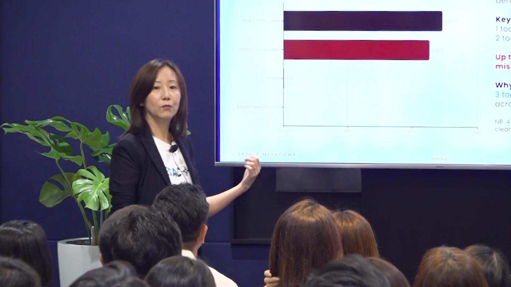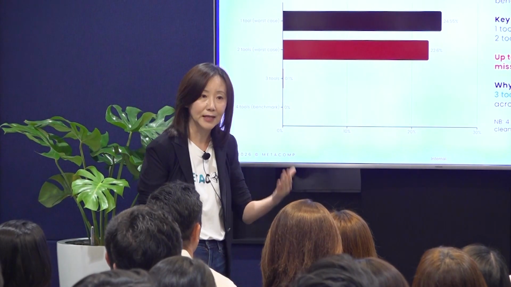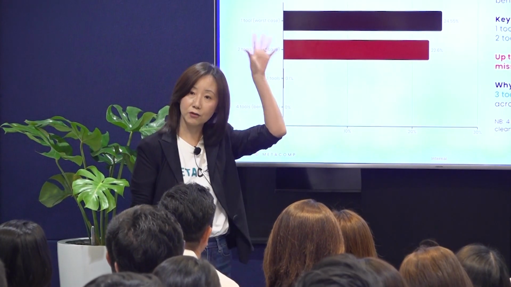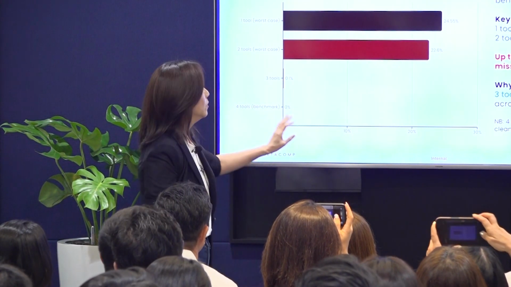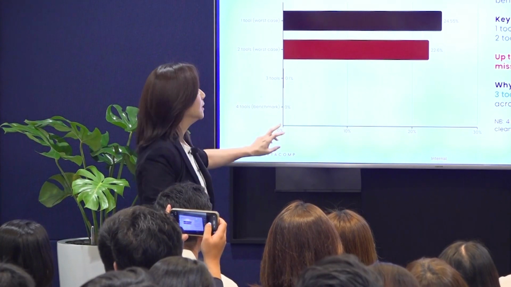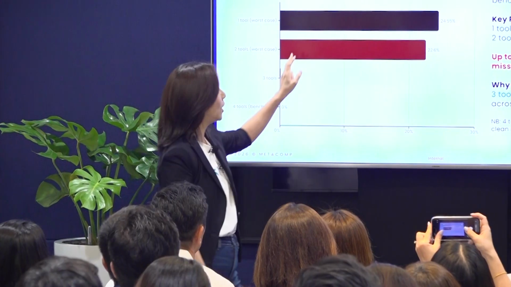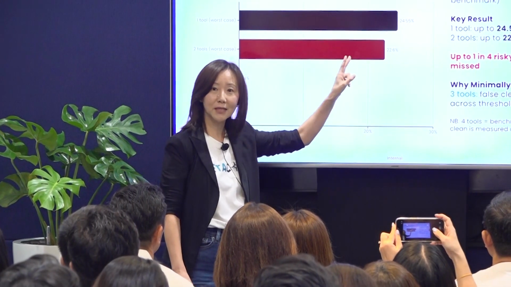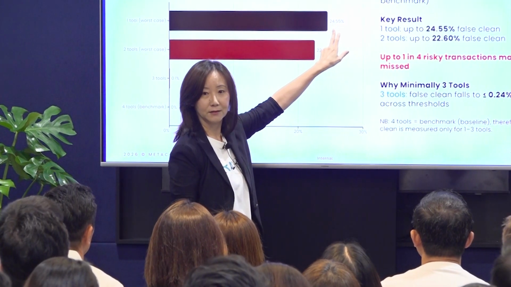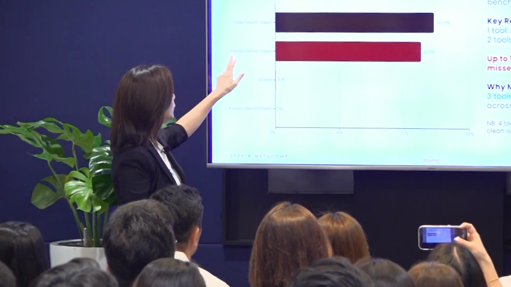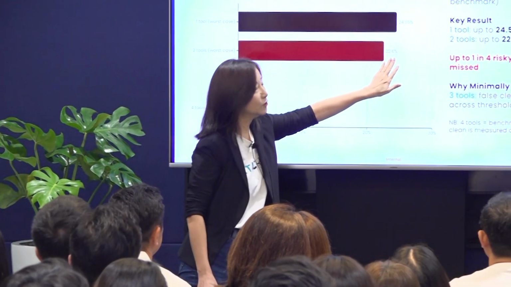Then last year, we did a research, based on 7,000 transactions we randomly selected on-chain. With all these 7,000 transactions we studied, this is the result. If you only use one tool to scan, the possibility that you will miss these red flags is nearly 25%. If you use 2 tools, does the result change a lot?